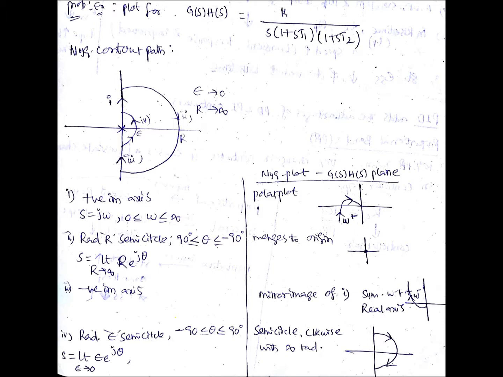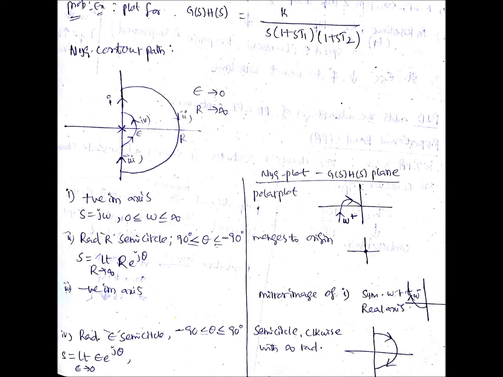For the first part, the positive imaginary axis, s equals j omega and omega is between 0 and infinity. For this you need to plot the polar plot.